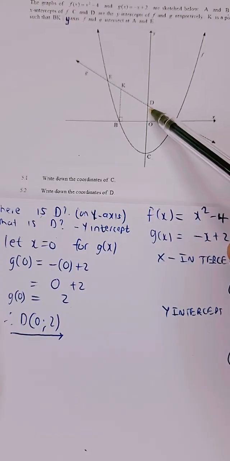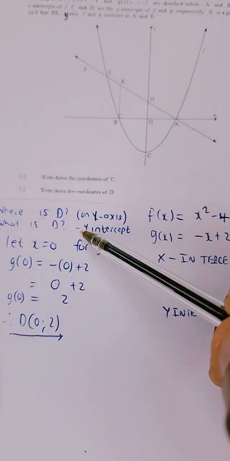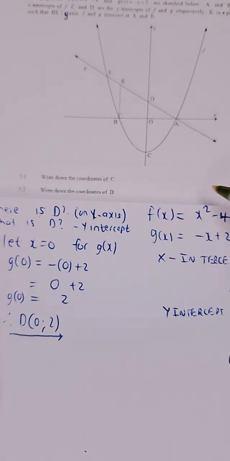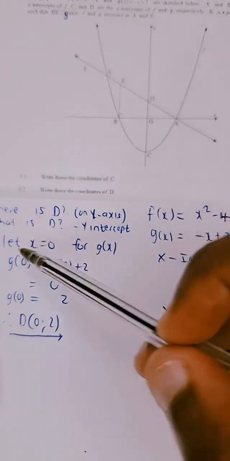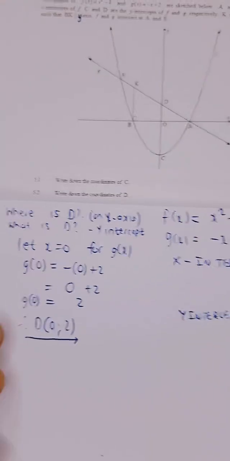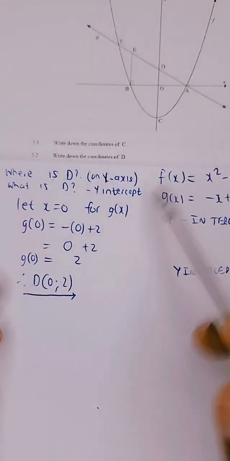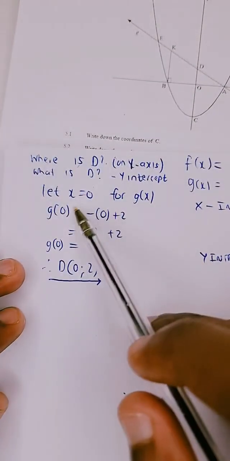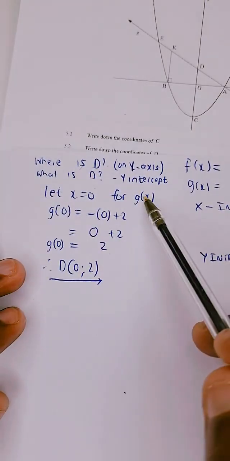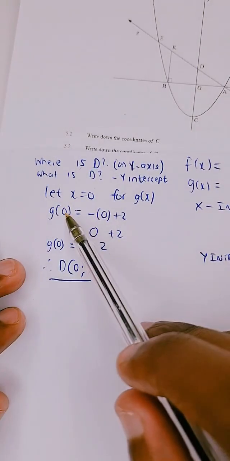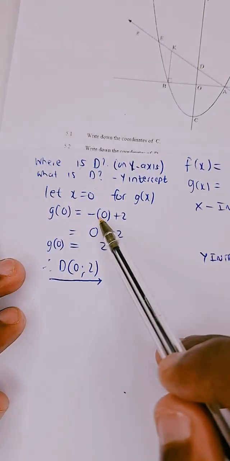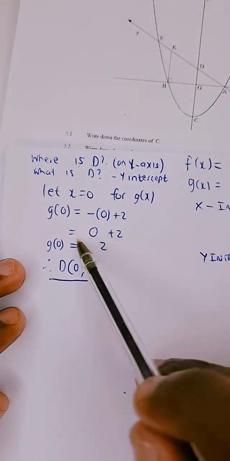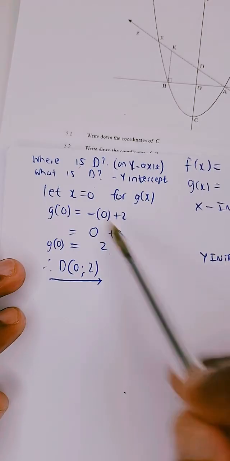Knowing that it is the y-intercept, we know we let x be equal to 0 because x is 0 everywhere. Then, what function is passing through D? It is the straight line. So therefore, we let x equal to 0 for g of x. We substitute x is equal to 0 in the place of g of x. Then we get the output value, the y value, which is 2. So when x is 0, y is equal to 2.